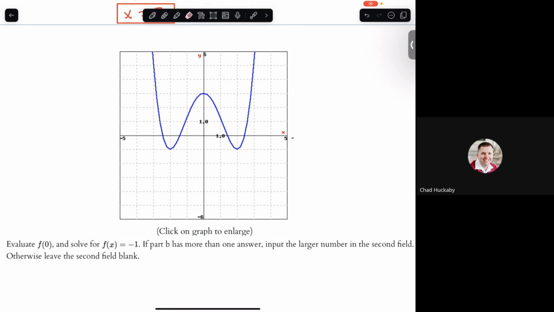That's two different parts, A and B. And if there are multiple answers, then put the larger number in the second field. Okay, if there's just one, you'd leave the second one blank. So that's just how you enter it in. So the first thing we want to do is evaluate f of 0. What does f of 0 mean?